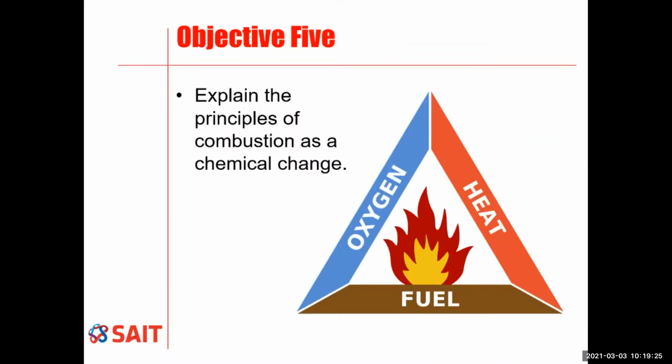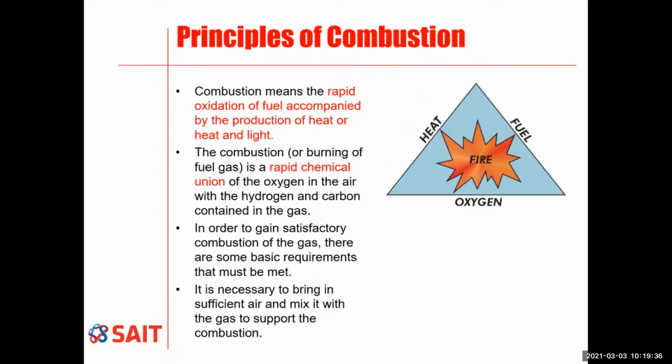Of course, for combustion, we need the fire triangle: oxygen, heat, and fuel. Those are the three things that are required for combustion. Combustion is the rapid oxidation of a fuel accompanied by the production of heat and or light.